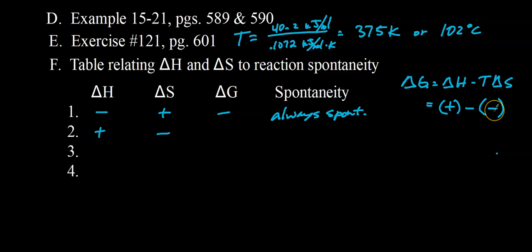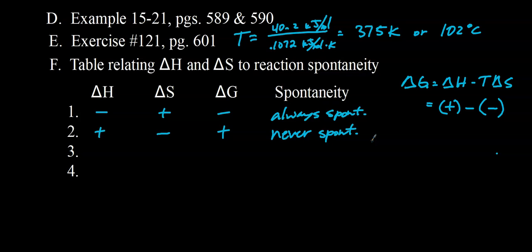Well, minus a minus is a positive, so that means that delta G is going to be positive in this case. And so what we would say here is that this kind of process, this reaction, is always non-spontaneous or never spontaneous. Again, meaning no matter what temperature this reaction occurs at, it will not occur on its own.